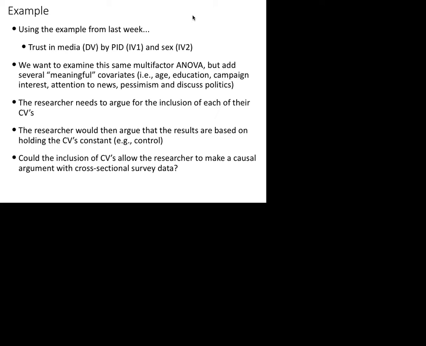No, I'm talking about cross-sectional. Oh, cross-sectional, totally different story. If you're doing survey research, where you collect data at one point in time, cross-sectional, then I think using covariates makes perfect sense.